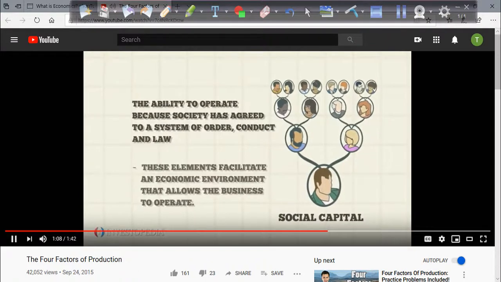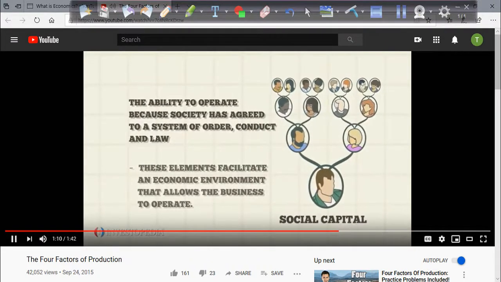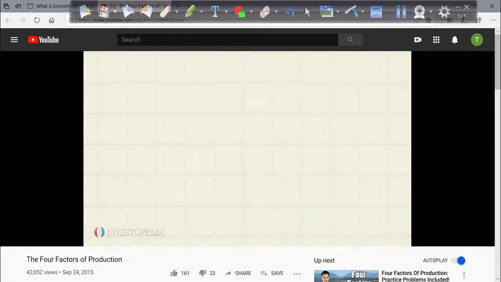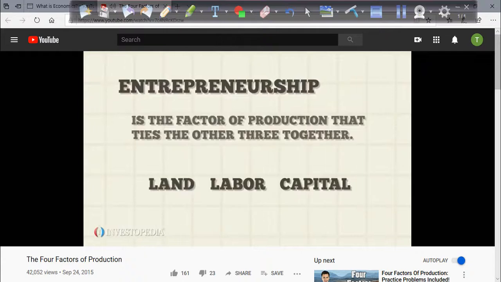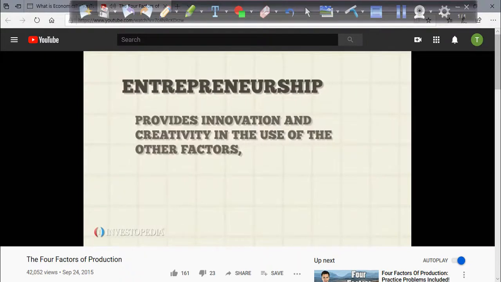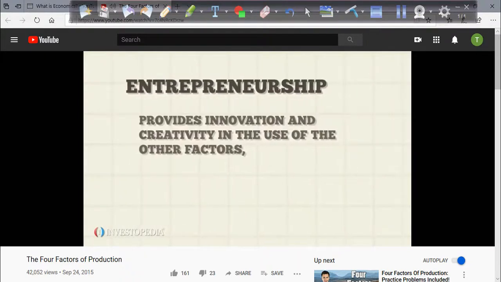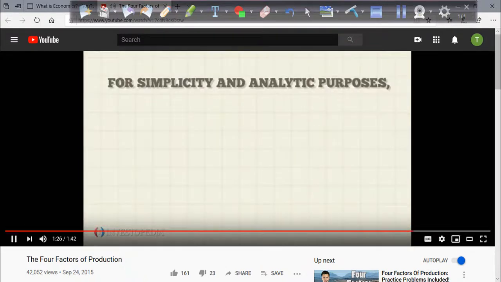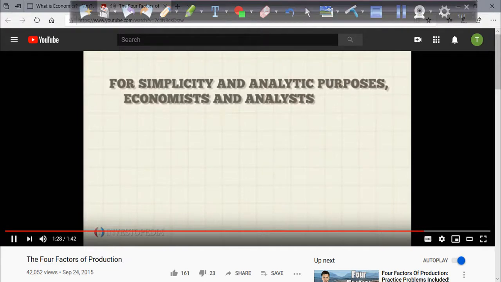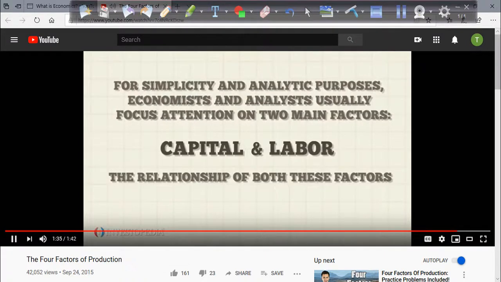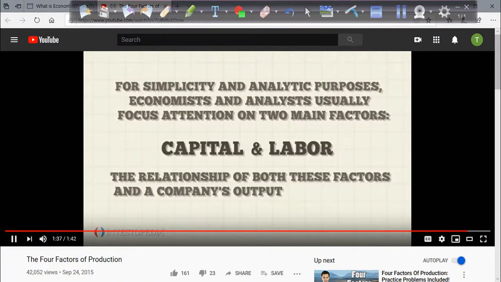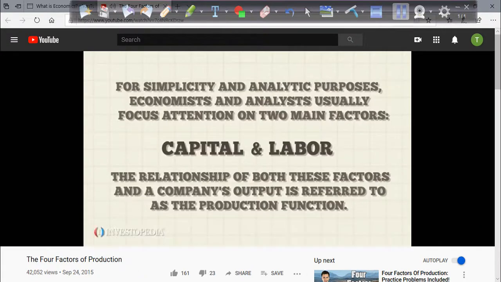These elements facilitate an economic environment that allows the business to operate. Finally, entrepreneurship is the factor of production that ties the other three together. The entrepreneur provides innovation and creativity in the use of the other factors, which helps create a profitable business. For simplicity and analytic purposes, economists and analysts usually focus attention on two main factors, capital and labor. The relationship of both these factors and a company's output is referred to as the production function.